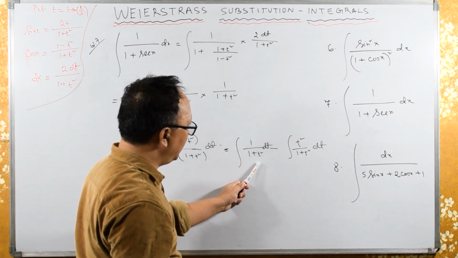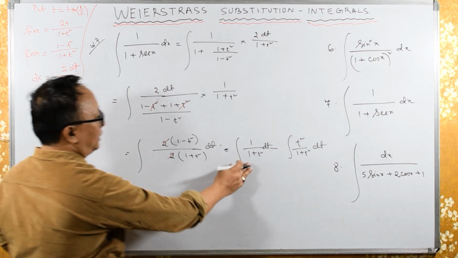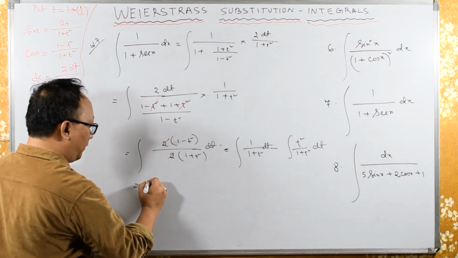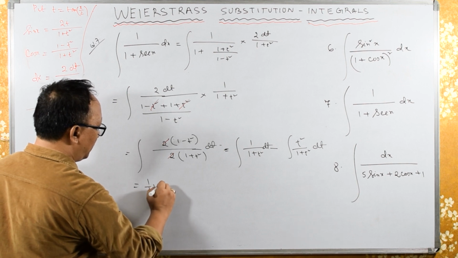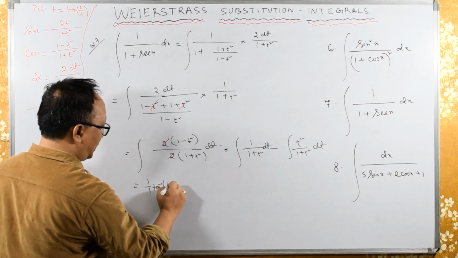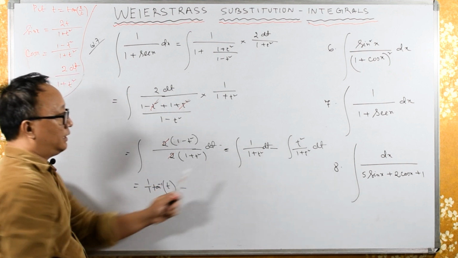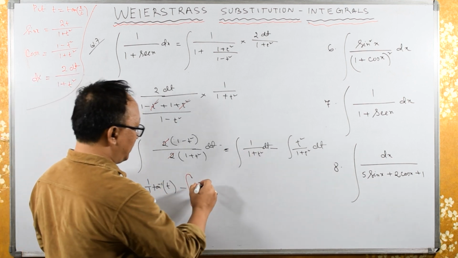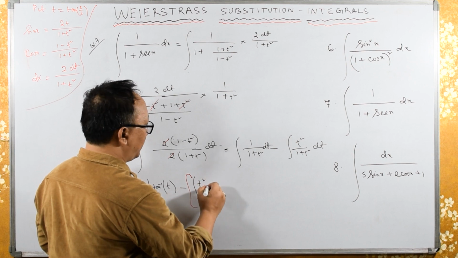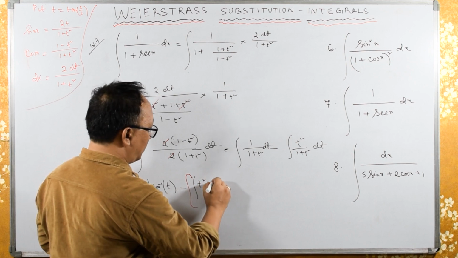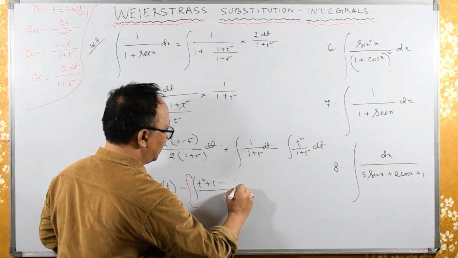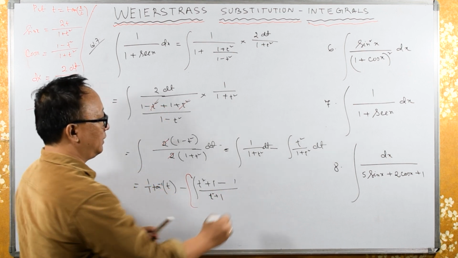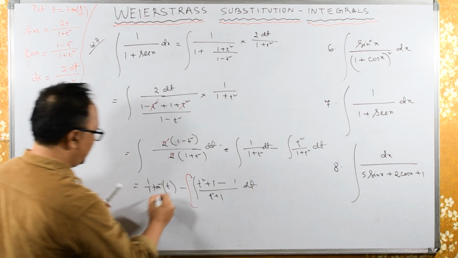Look at here. The integral of 1 upon a square plus x square is the same as 1 by a, meaning 1 by 1, tan inverse of x by a, meaning t. Minus, now this integral I can write as the integral of t square plus 1 minus 1 upon t square plus 1 dt.